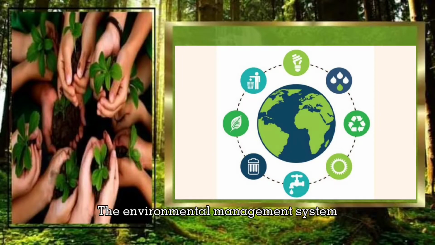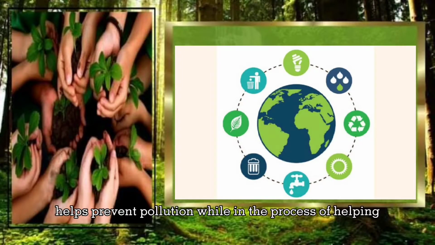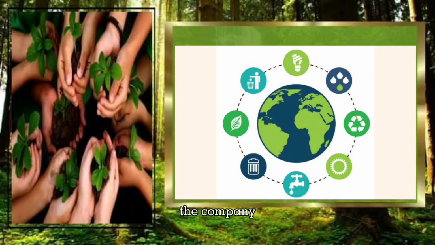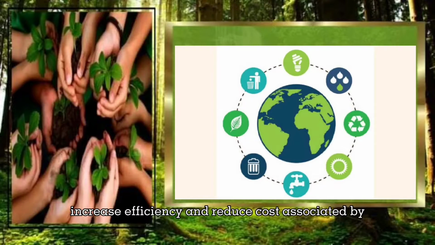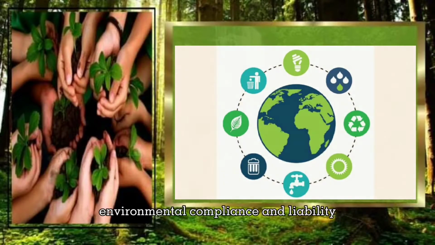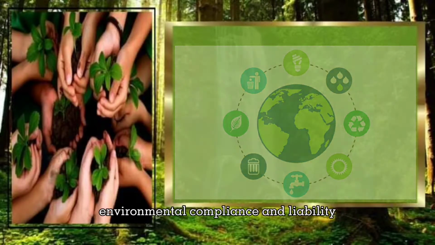The environmental management system helps prevent pollution while helping the company identify the causes of environmental problems that involve the company's operation and helps sort out solutions to reduce these causes, reduce waste, save money, increase efficiency, and reduce the costs associated with environmental compliance and liability.